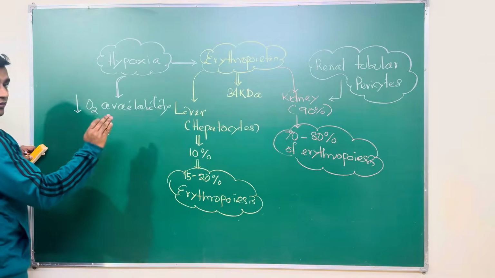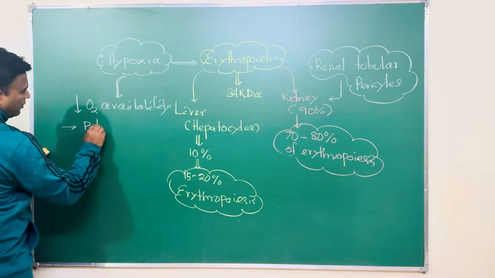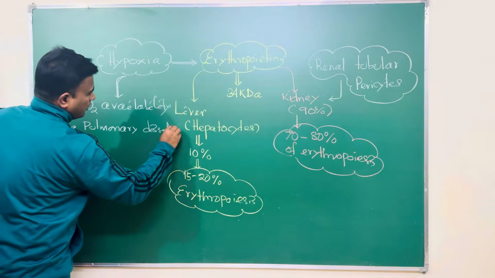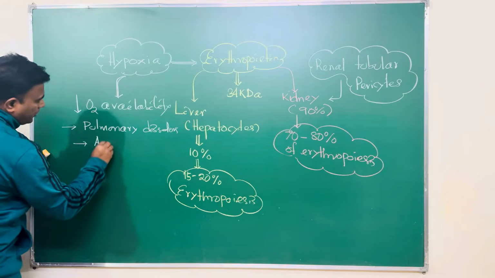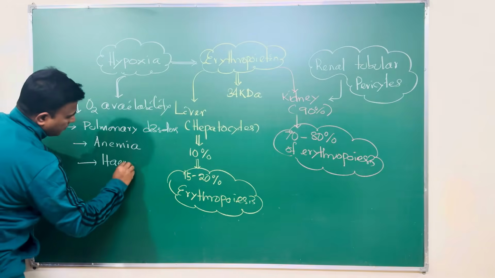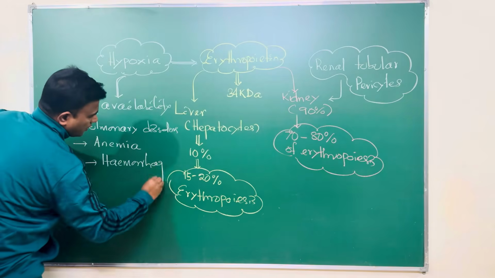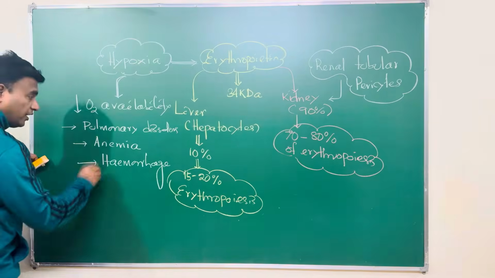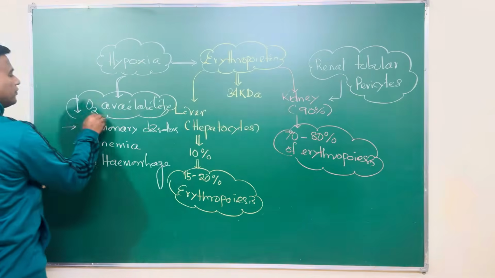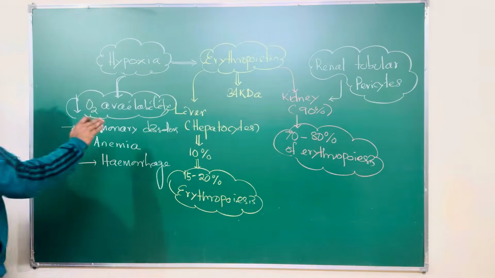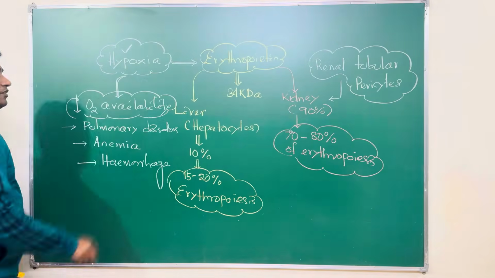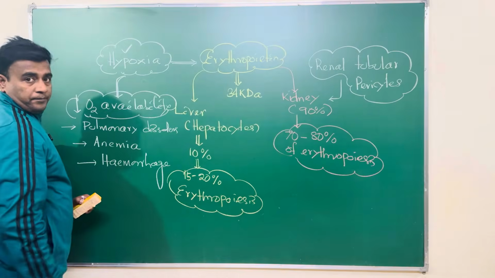There are multiple reasons, maybe pulmonary disorders, maybe anemia, maybe hemorrhage, or any other disorder where the oxygen availability to the tissues falls. Tissues develop a sense of deprivation of oxygen, and this is known as hypoxia.